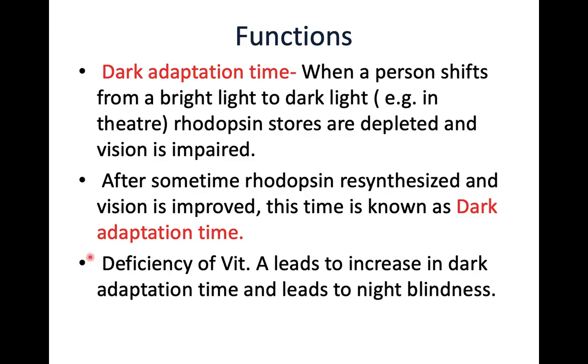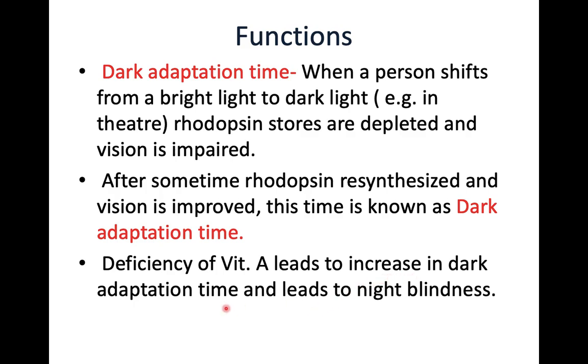So this is known as the dark adaptation time. That is the time which is required to see things properly when we go from bright light to dark light. So if there is a vitamin A deficiency, then it takes more time to see the pictures.